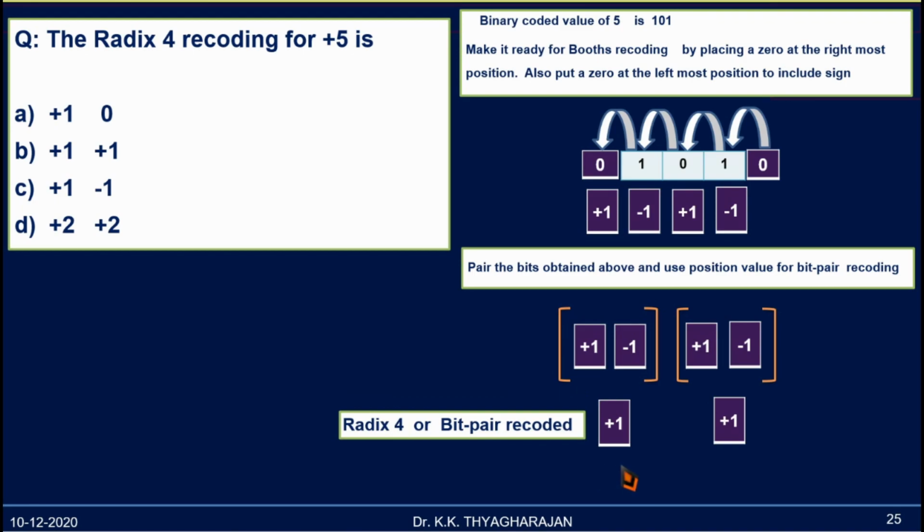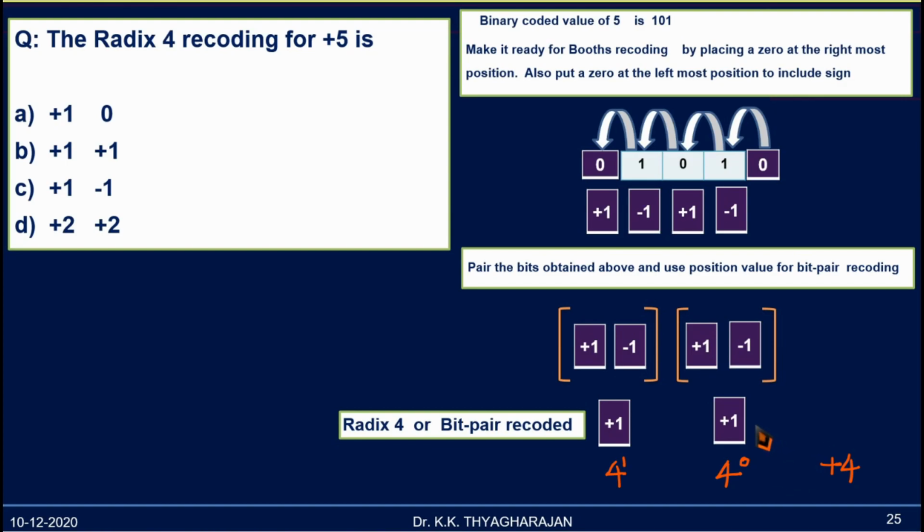You can cross-check the recoded values. In the case of bit pair recoding or Radix-4 recoding, the position value for this bit is 4 power 0 and for this bit is 4 power 1. Now, you have +1 here, so the value here is +4.